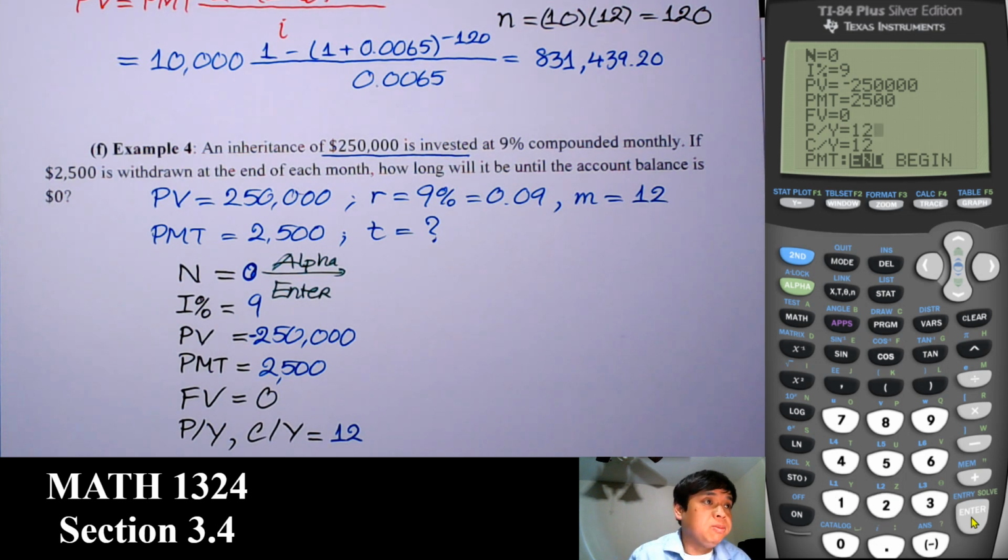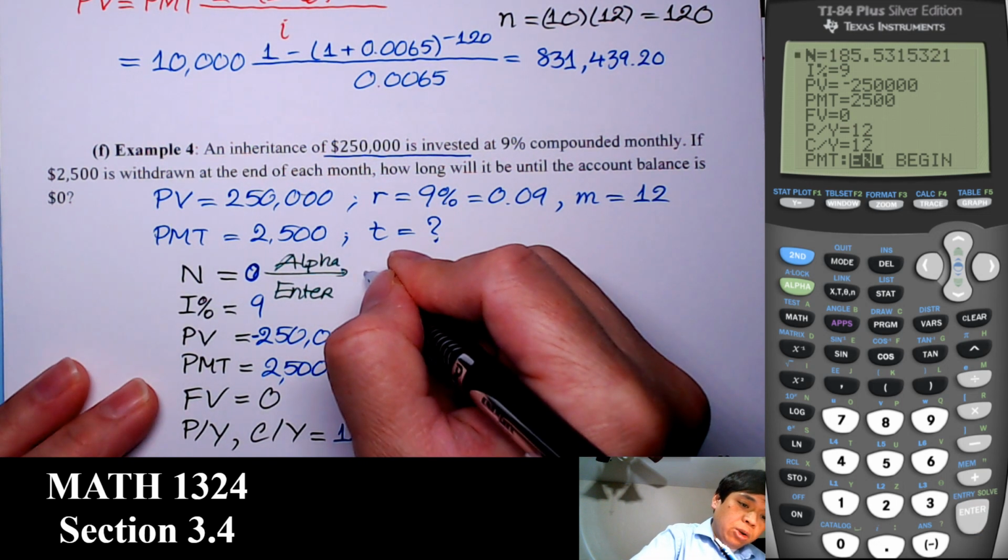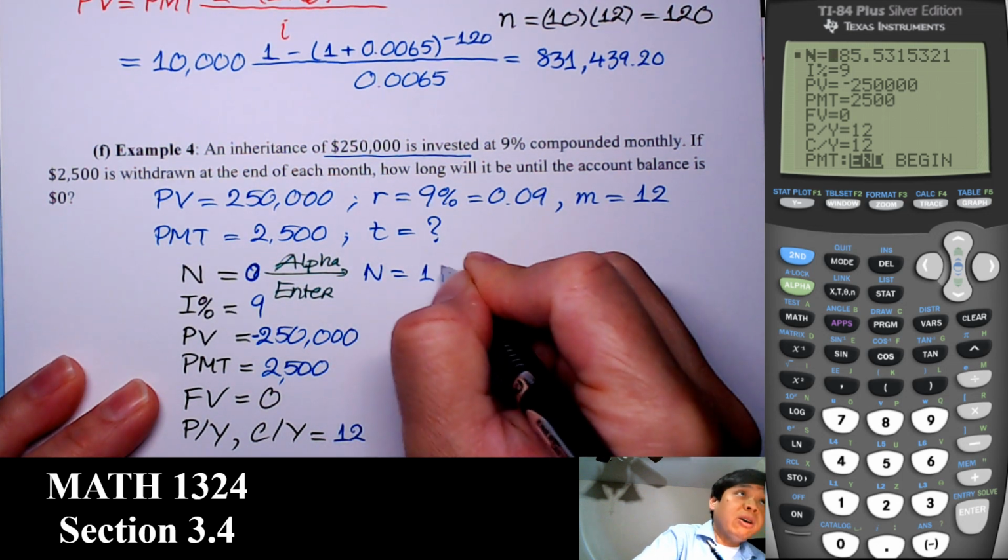This is monthly. All right. So in that case, we have that much. The I is 9, and so pretty much that. So alpha, and we have 185. So n is equal to 185.